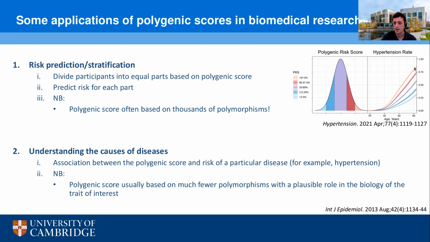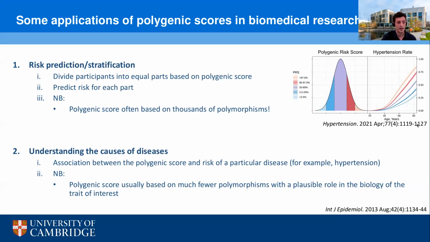And it's over 80%, you can see here. Whereas people that have the lowest polygenic score at age 80 have a risk of hypertension that is probably around 30%. So it's quite a big gap between the highest and lowest group of polygenic score.